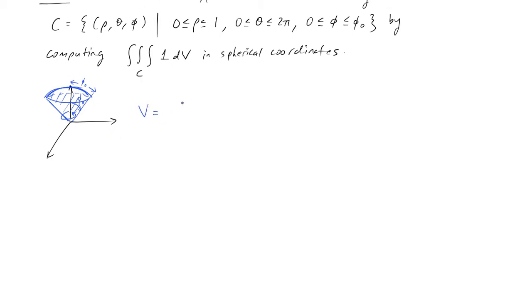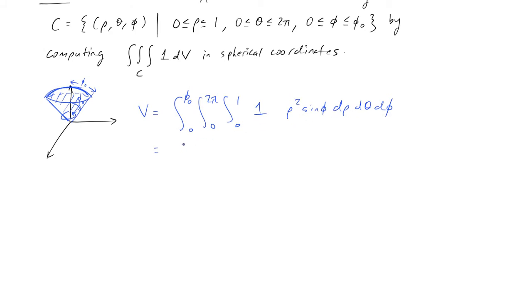Okay, so the volume is the triple integral. Put in our limits here. So we'll have 0 to phi naught, 0 to 2 pi, 0 to 1. We'll have our volume element, rho squared sine phi, d rho, d theta, d phi. And then we'll have 1 as our function.